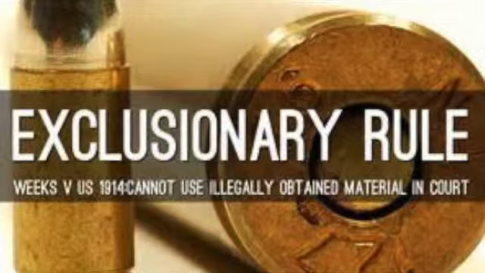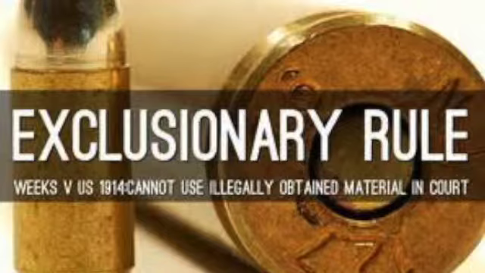Other vehicle searches include the Carroll search. So here's an example of how the Carroll search works. You have probable cause to arrest the suspects in the car and you're looking for specific evidence. Let's say that you're responding to a robbery in progress. It's of a bank. The suspects were wearing ski masks. They were using duct tape. They had shotguns. They took money bags marked Wells Fargo.